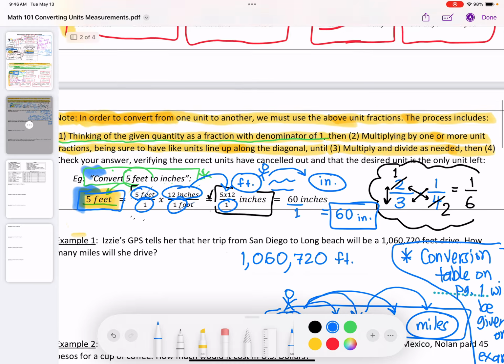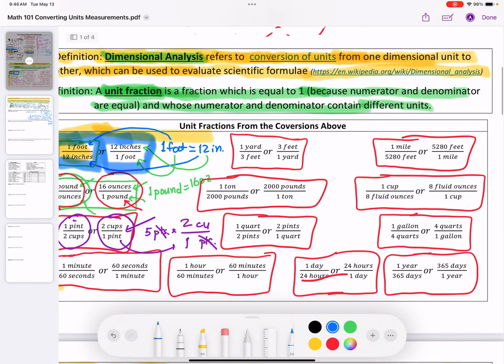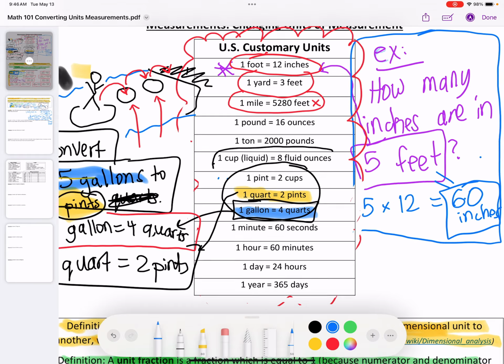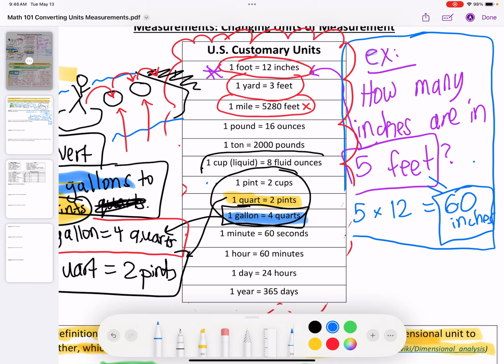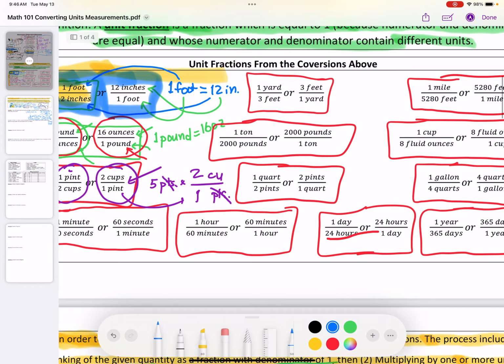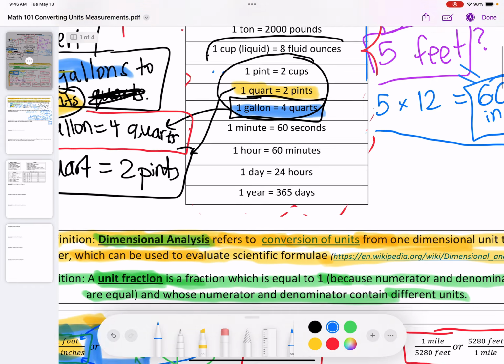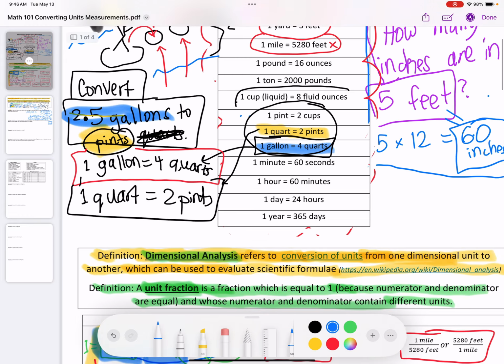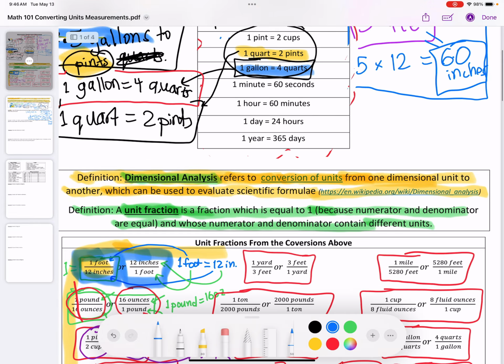This conversion table or any other conversion tables would be given to you as needed. But it's your job to know how to make them into these unit fractions. So these will not be given, but they are just these exactly, but you make an equality into a fraction, that's all. So just know you don't have to memorize them, just know how to use them.